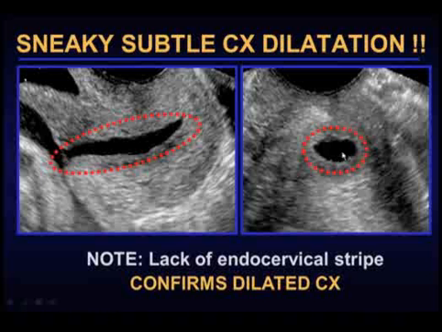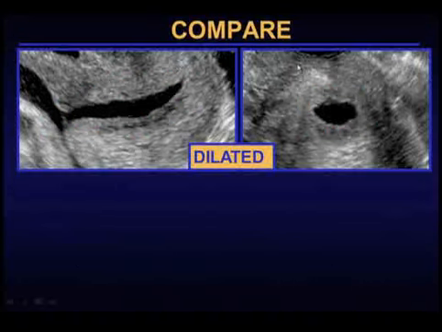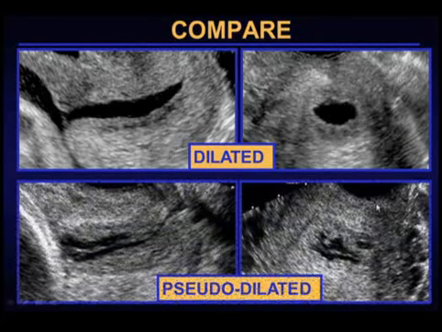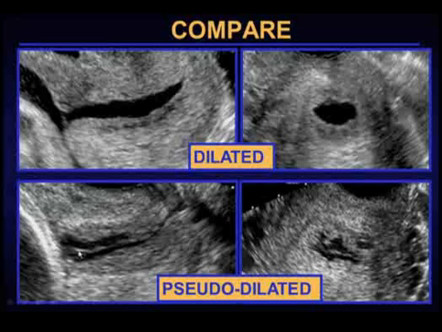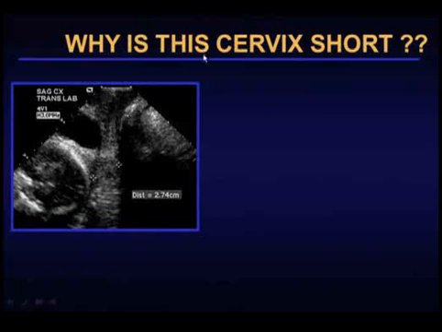Make sure there's no endocervical dot or stripe here to suggest that it's lucent mucosa. So that's truly dilated, and this is pseudo-dilated because you're seeing that endocervical line here. So that's very, very important. You don't want to miss a case, and you don't want to overcall a case.